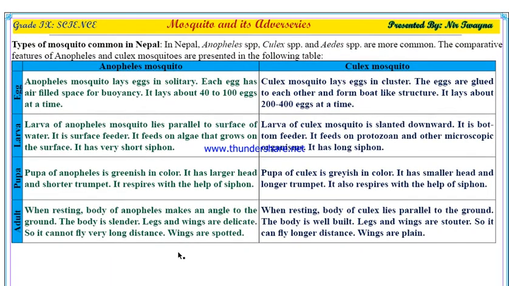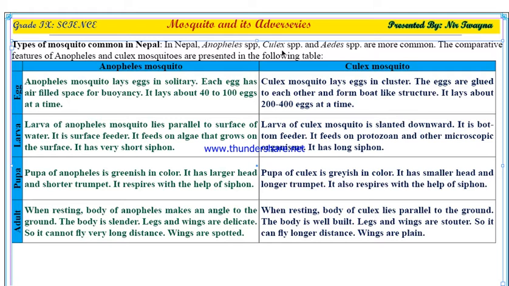Now next let us go to types of mosquitoes which are common in Nepal. In Nepal, there are 2 types of mosquitoes very common: Anopheles mosquito and Culex mosquito. Nowadays, Aedes species of mosquitoes are also more common. Remember, Anopheles mosquito transmits malaria.